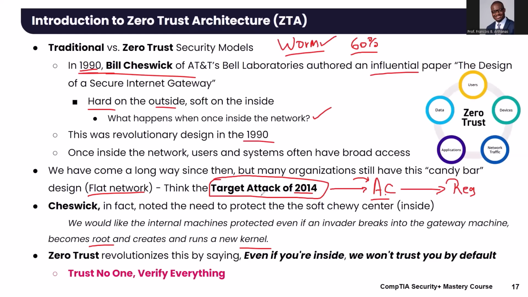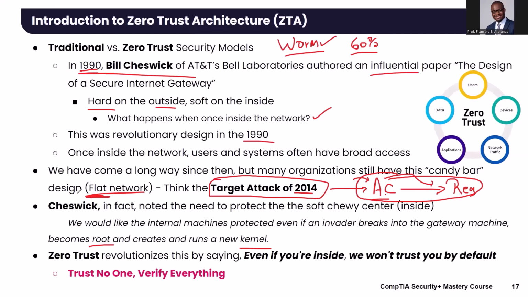Well, the question is, why was an HVAC system communicating with the registers? And a better question is, why was that taking place not just in one store, but in all the stores throughout the US? And the answer is a flat network.